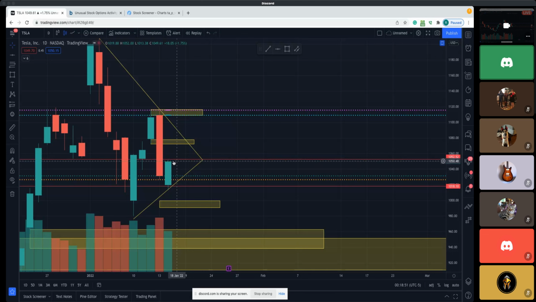It opens somewhere around here, which is 1050. Get that or no? Yes, exactly. I can see that. So I'm waiting for it to break that, or even just $1 or two above that, to get an entry, my call trigger. If it breaks that, that's going to be my call trigger there.